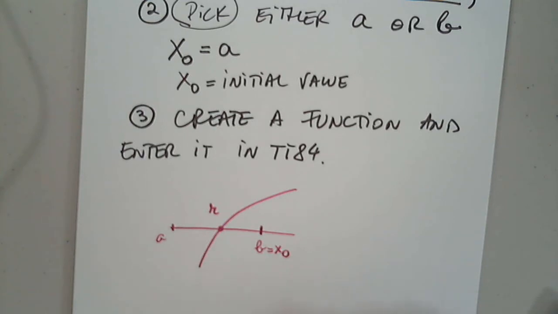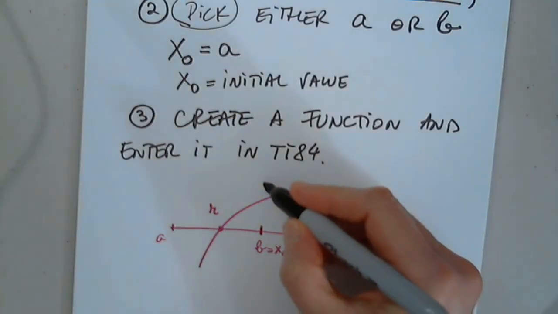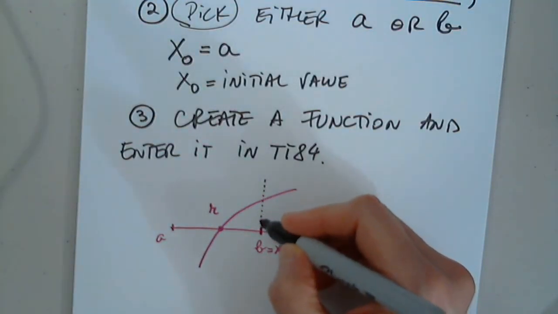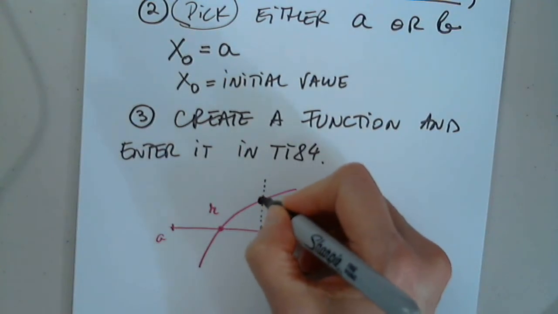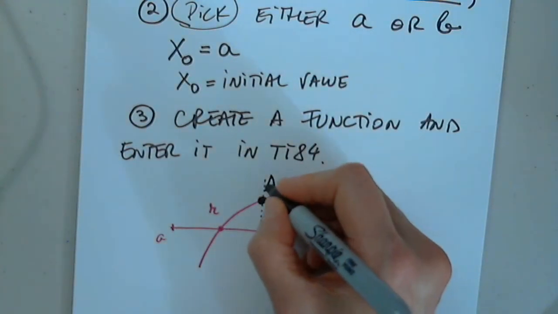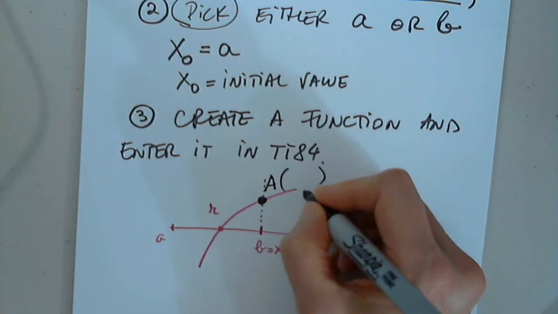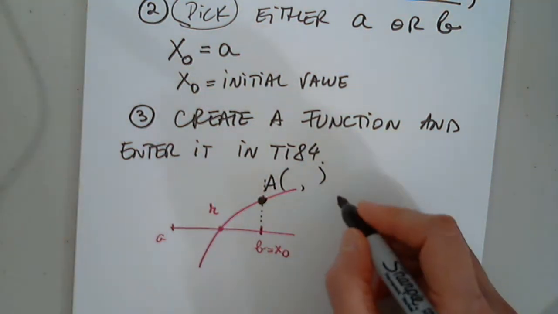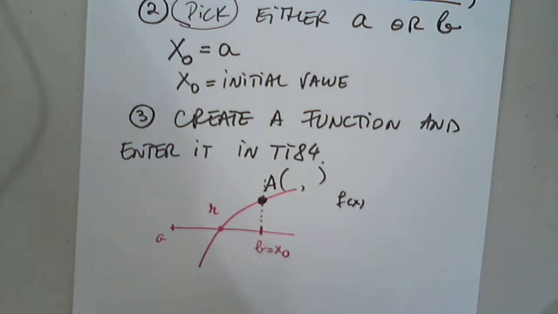Here's what I want to do next. I will draw a vertical line, and I will determine this point. I'm going to call this point A. What are the coordinates of point A? Of course, this is our function f of x. Can anyone give us the coordinates of point A? b comma f of b.